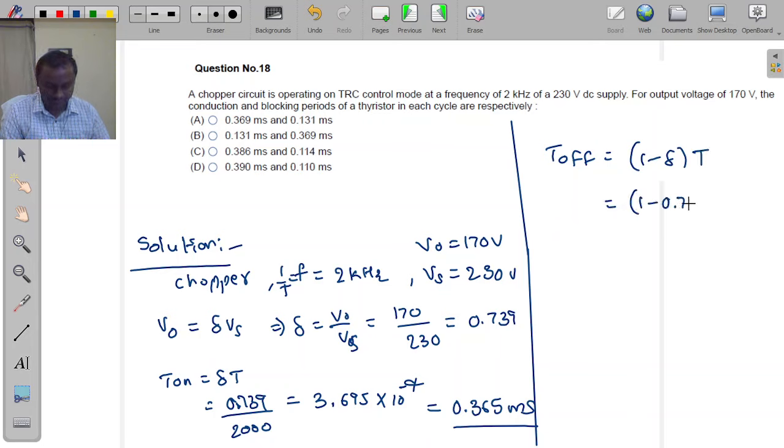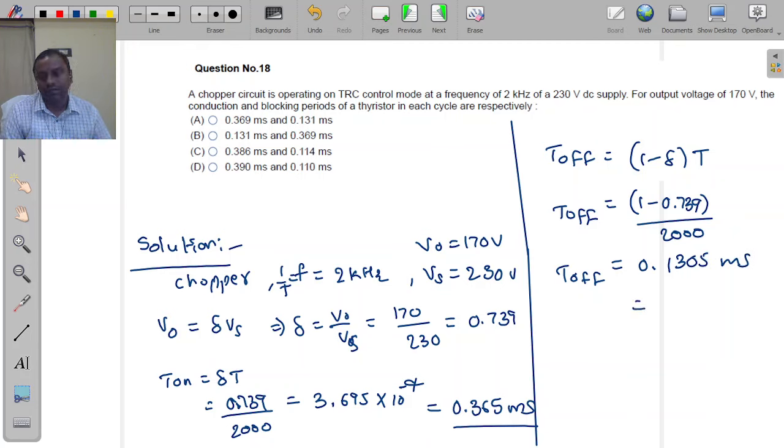1 minus 0.739 divided by 2000. So T off time will become 0.1305 milliseconds, or you can say 0.131 milliseconds.